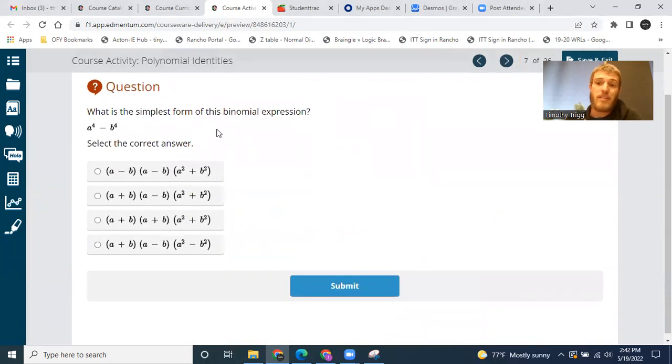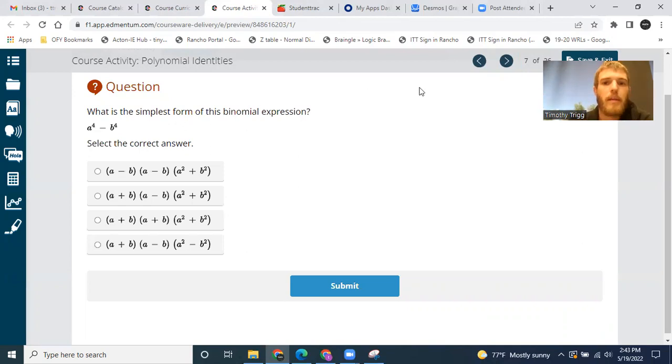So this is actually, we're going to use that difference of squares. When you have a squared minus b squared, how does that factor? Well, you may say, well, this is not a squared minus b squared. This is a to the 4th minus b to the 4th. Well, technically, yes, that's true, but that's also something squared, right? A to the 4th is a squared squared.